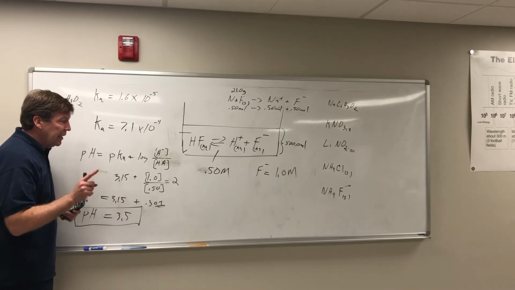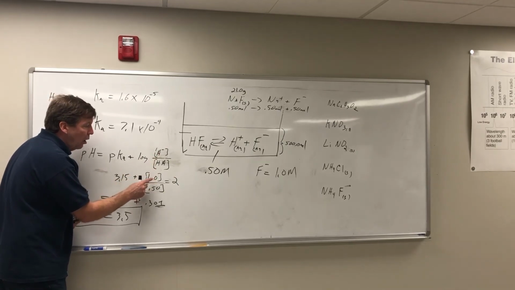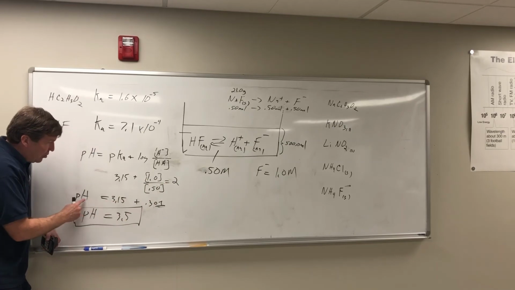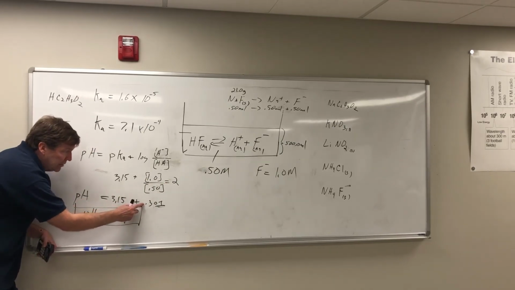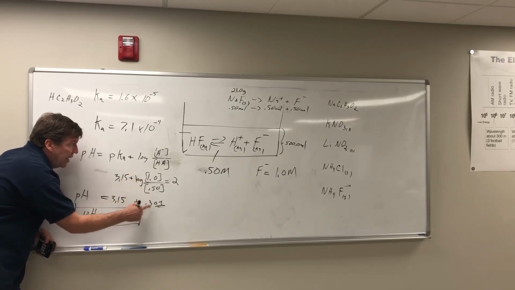Does it make sense that if the ratio of conjugate base to weak acid is over 1, the pH is going up? So notice, that's a positive value. And let me reiterate here, I took the log to get that number.